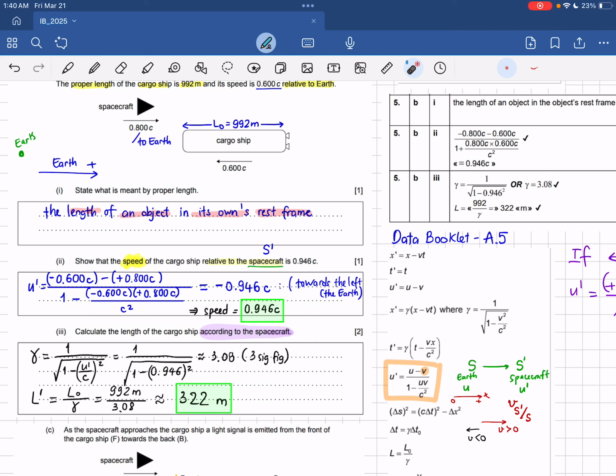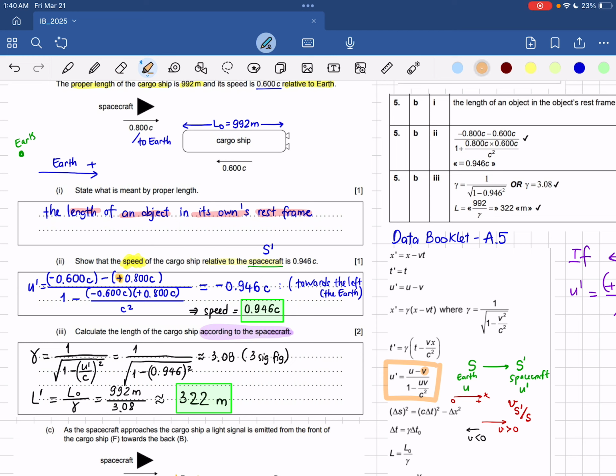If we assign the positive direction for the Earth to be towards the right, as in this diagram, then you can see that the spacecraft is moving in the positive direction, right? That's why when I plug in the values here, I have it as a positive value. You see that one?